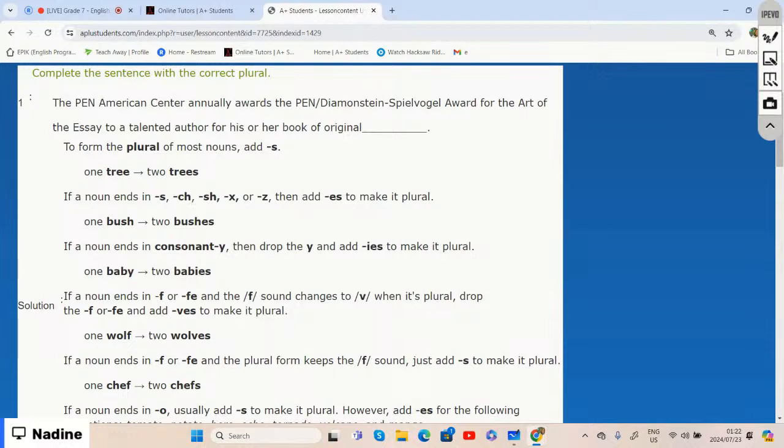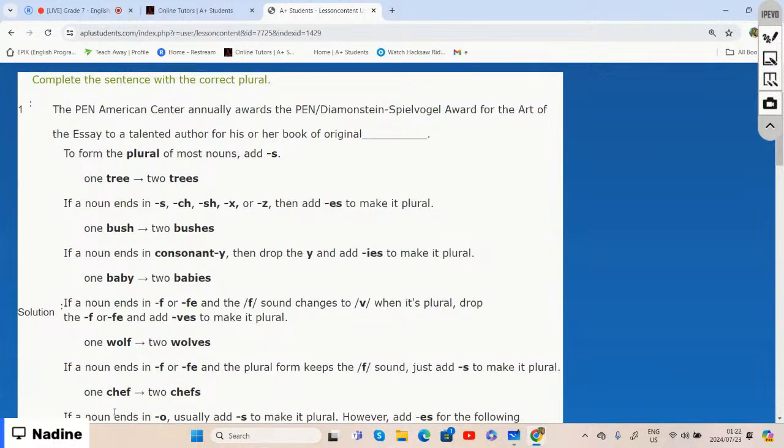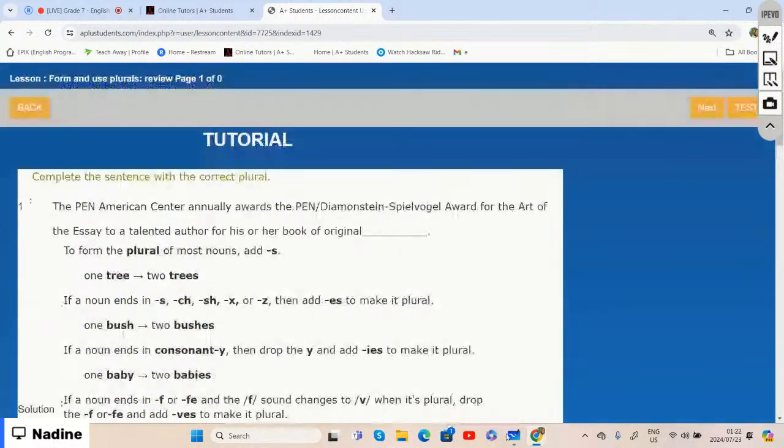All right. So now we are here at A Plus Students dot ca, where we are going over, for example, how to form and use plurals.